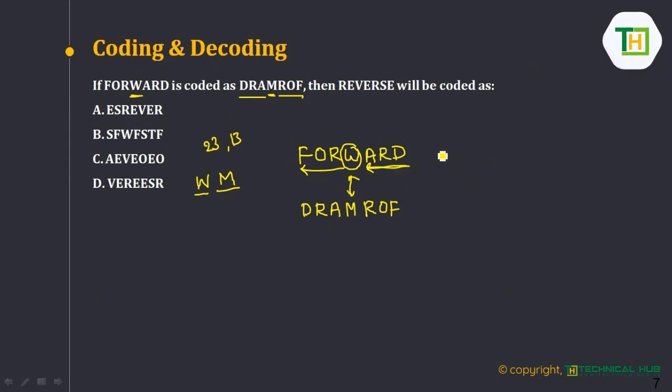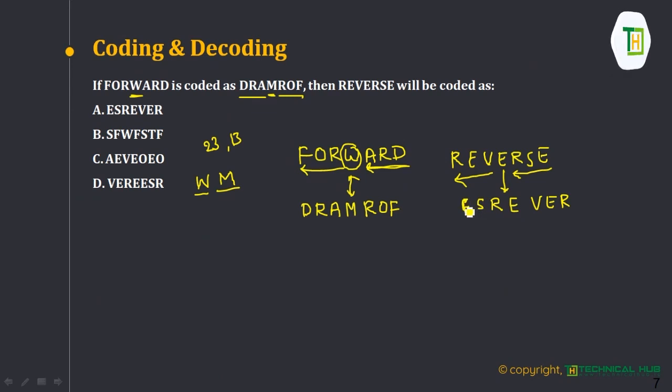I'll apply the same thing for reverse, which is also a 7-letter word. The first 3 letters I write here, that is ESR, and the next 3 letters like VER, and I have to flip the E. Even if I flip the E, it will appear like E only.